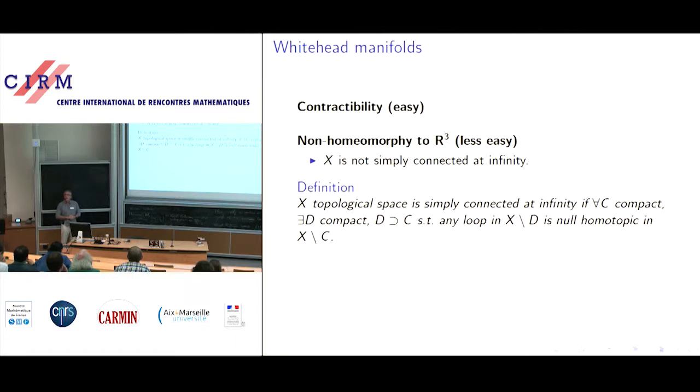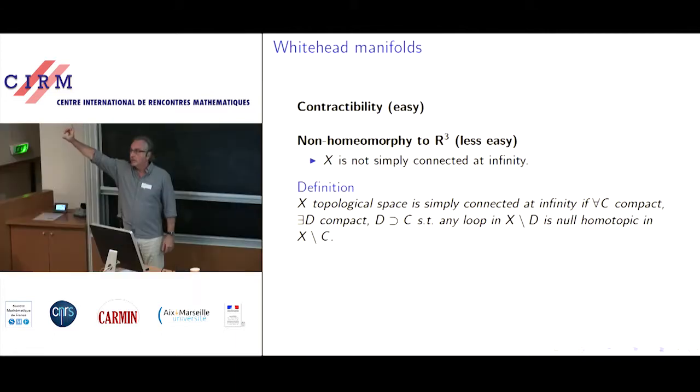Non-simply connected at infinity means the following. You have a sequence of closed loops going to infinity. We are in a contractible space, so these loops can be contracted to a point. But any homotopy of this loop to a point has to pass through a fixed compact set. So any homotopy has to have a long diameter. So this is not simply connected at infinity. It means that outside some compact set, the space is not simply connected.